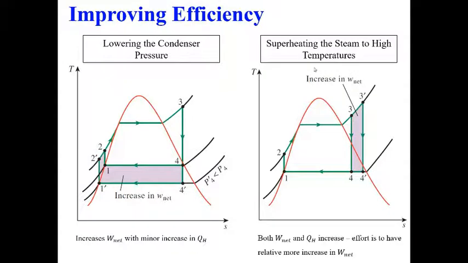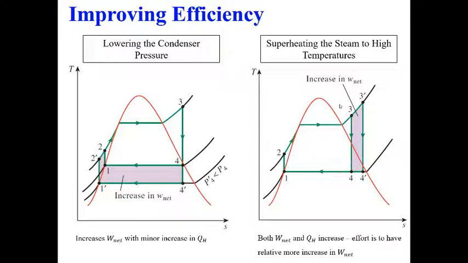Moreover, what we can also do is superheat the steam. Again, 1, 2, 3, 4 is the ideal cycle without any change, while 1, 2, 3 dash and 4 dash is the modified cycle when we are superheating the steam to higher temperatures. What happens is that you get more work here.